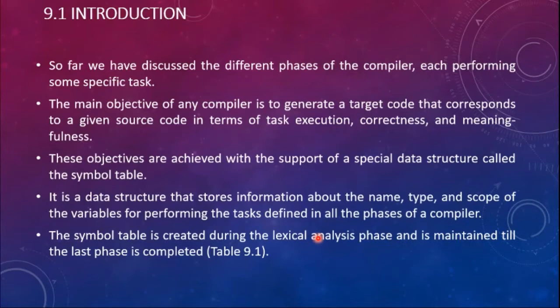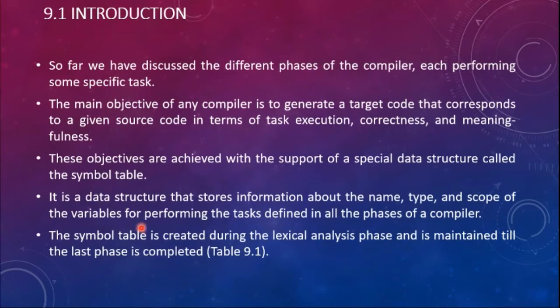Based on the different phases, which perform different types of functionalities and operations, it maintains and stores information like the name of that particular identifier or variable, the type of it, and the scope of that particular variable.